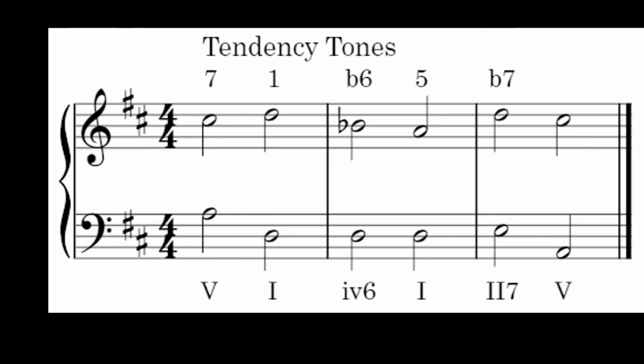That's a lot. So, to reiterate, scale degree 7 always goes to 1, Ti to Do. Flat 6 always goes down to 5.